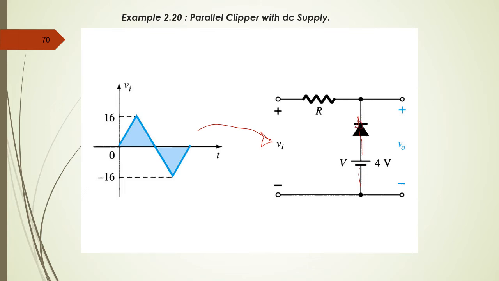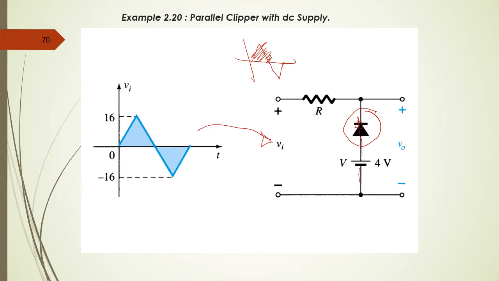This diode will only allow the negative cycle to pass through, so the positive cycle will not be allowed to pass. So we can have something like this: this is positive, this is negative, and this part is clipped away. Only the negative part is allowed to pass.